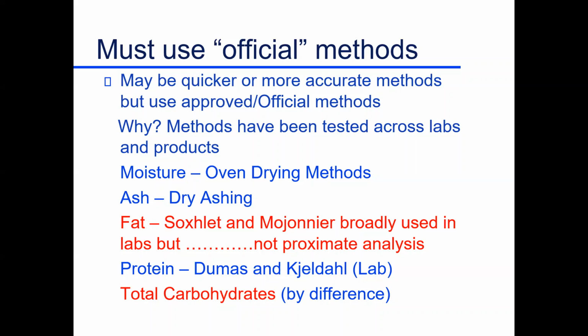So you continuously use distilled ether to extract the fat out, and it gets collected in a bottom flask. Mojonnier is used largely for dairy products, and there they've got Mojonnier flasks made for it with a solvent extraction. So they're both solvent extractions.